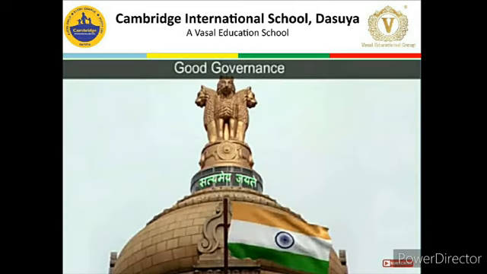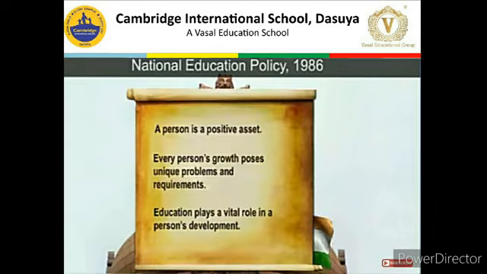You will learn about cultural richness and that will increase the efficiency of governance. We all will be responsible citizens only if we are educated, if we are aware of the duties that the Constitution of India has provided us.